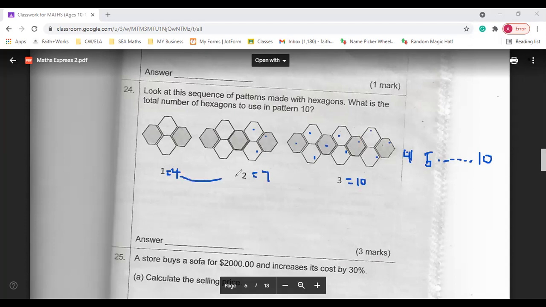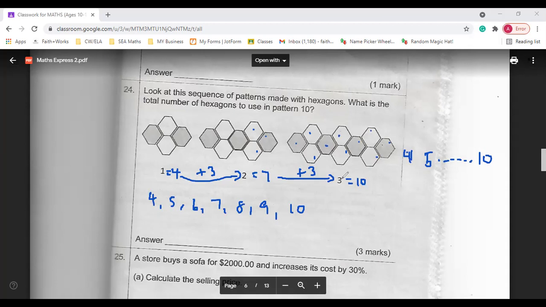So from here to here, you realize the pattern is to add 3. Right? So to work out 4, 5, 6, 7, 8, 9, 10, we just have to add 3 after each to the previous number.